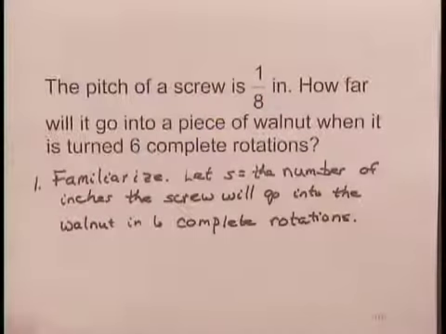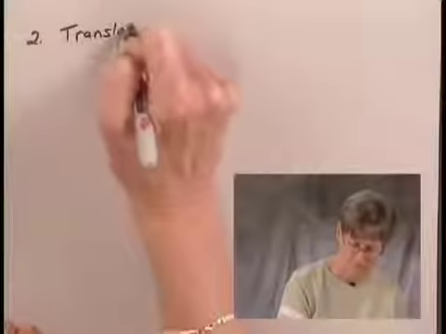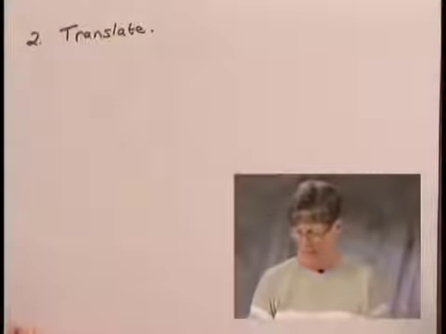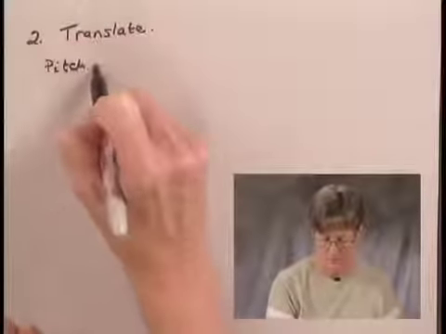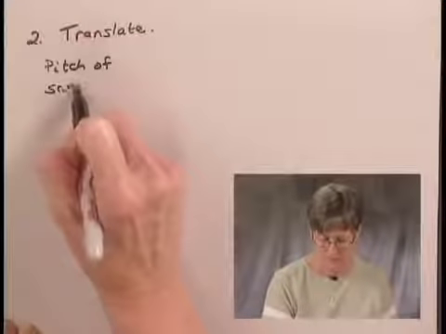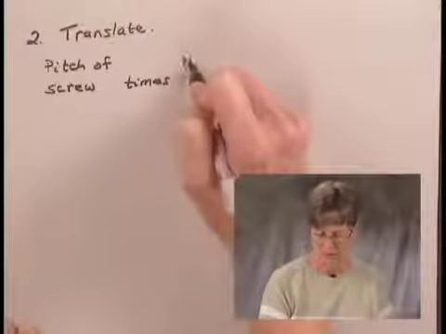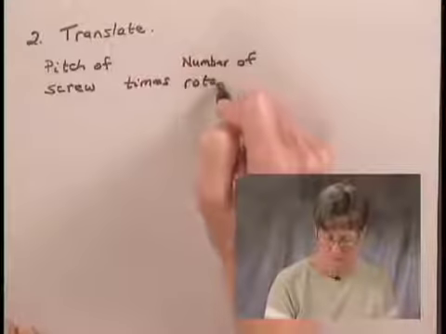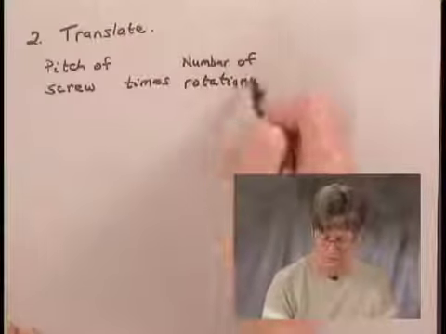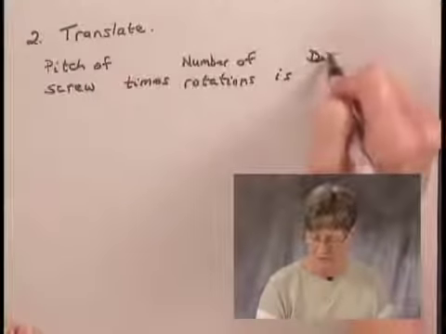Now the next thing we need to do, step 2, is to translate this to an equation. And what we have is the pitch of the screw times the number of rotations, and this is the distance that the screw will travel into the walnut, so we'll say distance traveled.